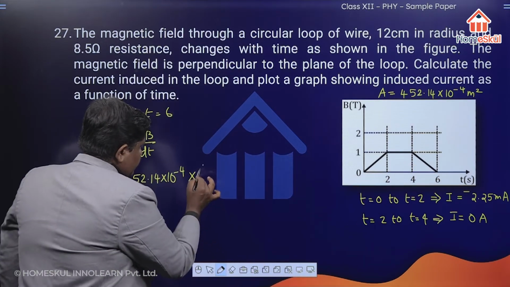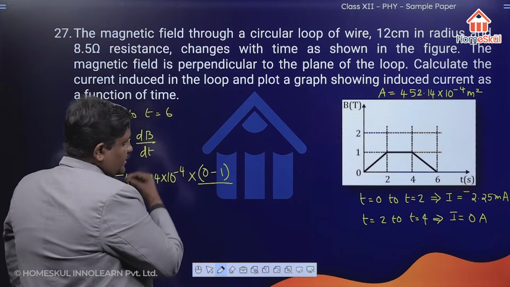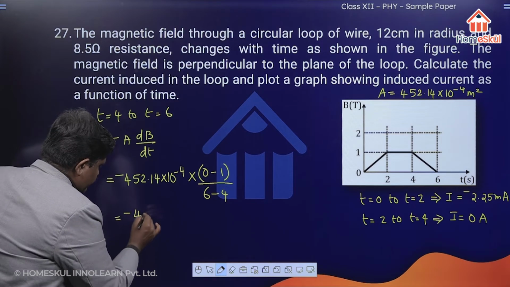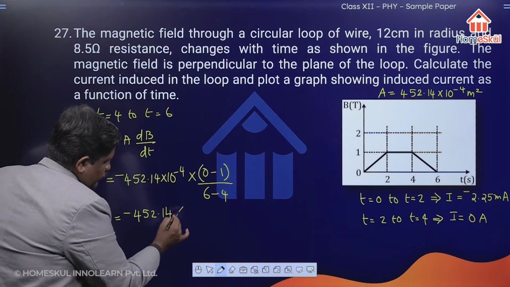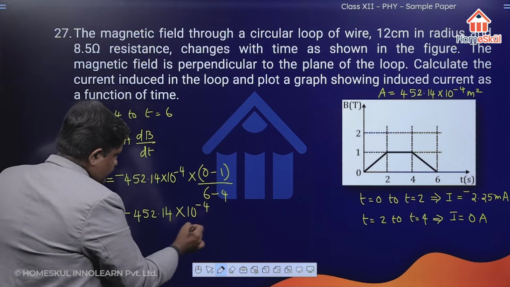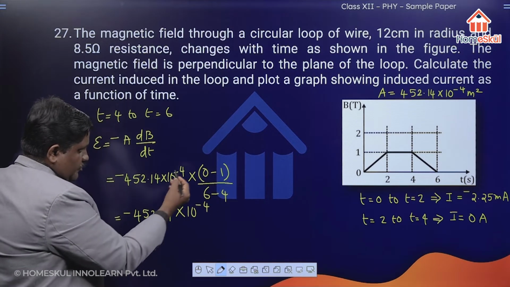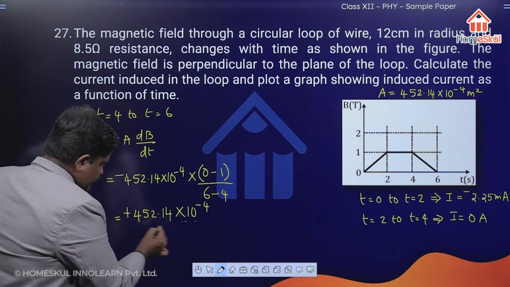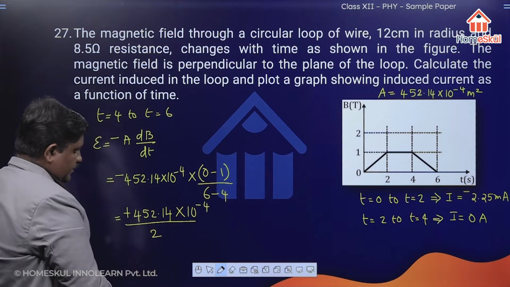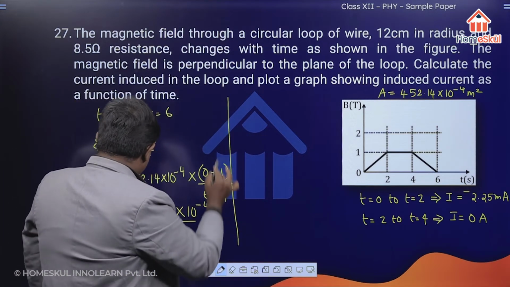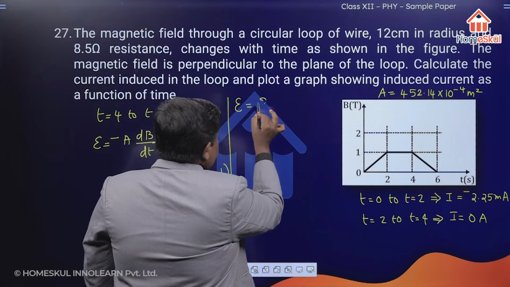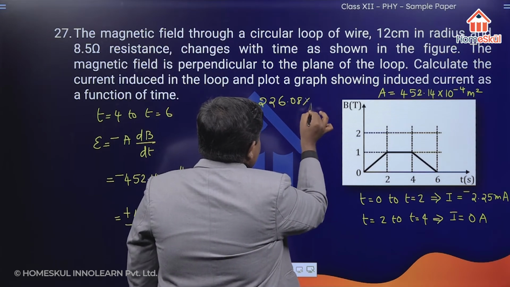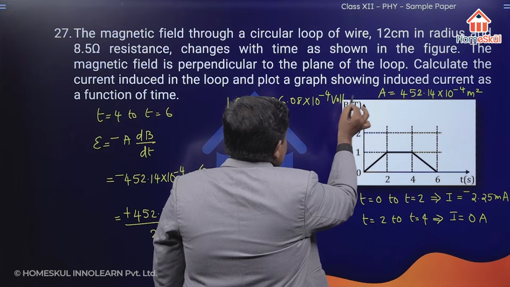So we calculate it as (0 minus 1) divided by the time interval, (6 minus 4). That is equal to minus 452.14 × 10^-4, then here is one negative sign. 0 minus 1 is minus 1, so this minus 1 and that minus sign become plus, divided by 6 minus 4, that is 2. Again we get the same value for the EMF, E equal to 226.08 × 10^-4 volt.